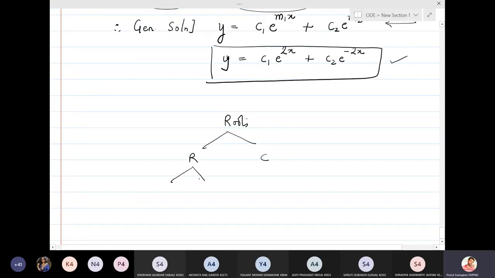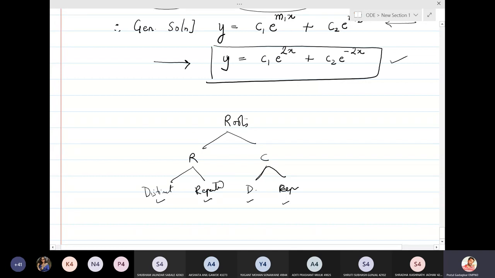Yes, there is. Either the roots are distinct, you will get all different roots, or you will get repeated roots. So for every particular case we have to use a different formula for the general solution. That is what we are going to study.